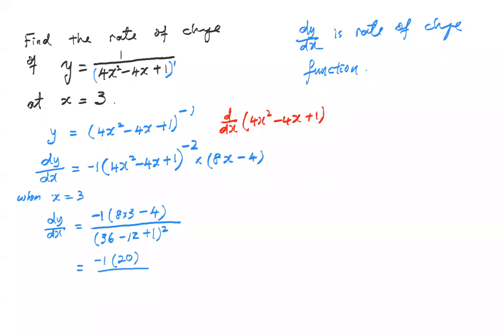Is it 25? 25, so 625. No, I will not do like that. I will write 25 times 25, correct? So I cancel 4 and 5. So I can simplify as -4 over 125. Okay. So are you clear?